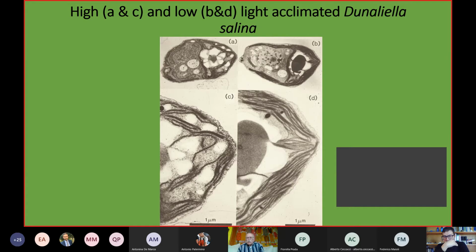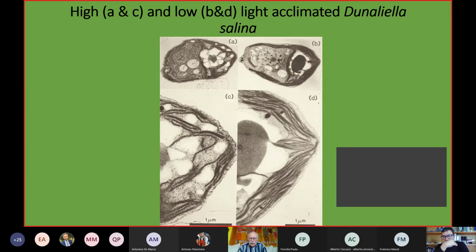Now, what you see is an algal cell on the left, grown under very high light, on the right, under low light. And you can see the change. The black lines are the thylakoid membranes, those that carry the photosynthetic pigments.